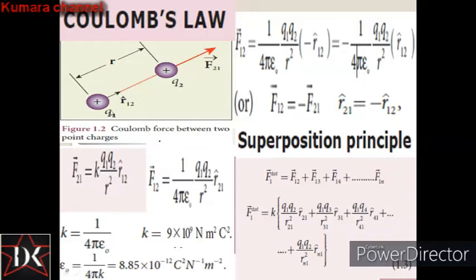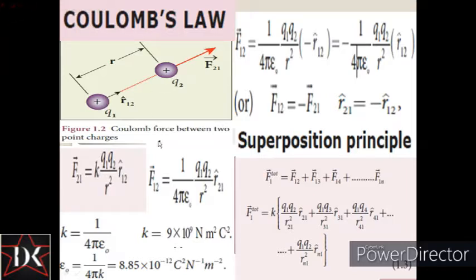Here point charges means charges whose dimensions are very much smaller than the distance between the two charges. The direction of this force lies along the line joining the two charges, that is along the unit vector r12 cap. Here r12 points from charge q1 to q2.